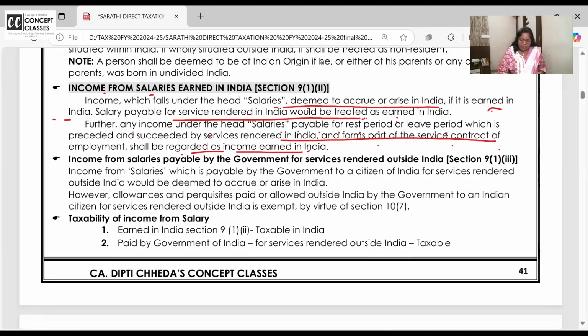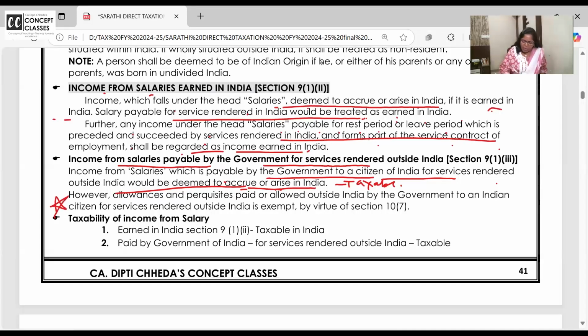Now, income from salary which is payable by government to a citizen of India for services rendered outside India is accrued in India. Why? Because it's paid by the government of India. So it will be deemed to accrue or arise in India, very well taxable.